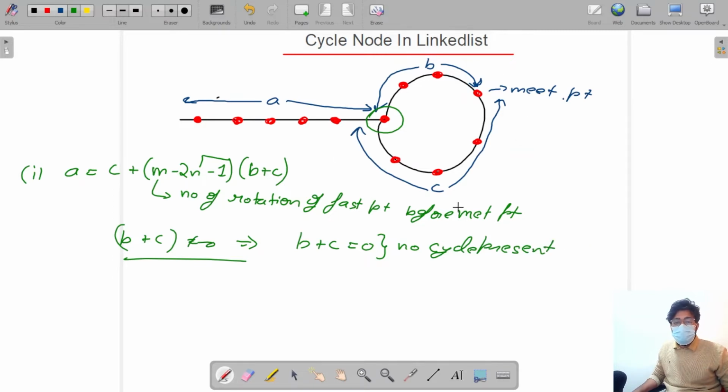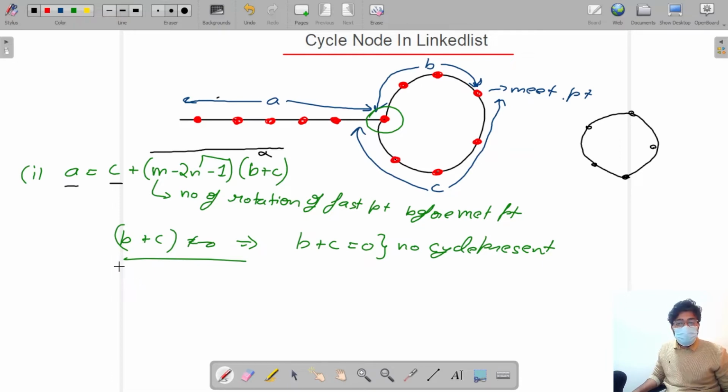Because if there is no length of B and C, then there is no cycle, right? So from that I can say that B plus C cannot be 0. Okay. Now A can be 0, because there can be a linked list in such a way that it is cyclic from the start. So A can be 0.